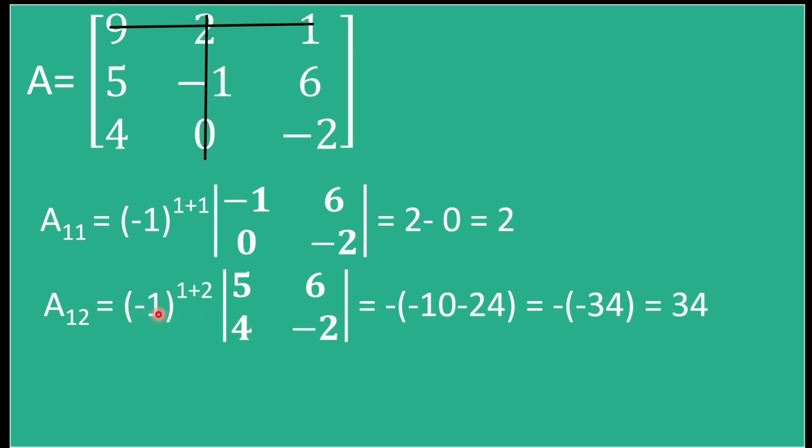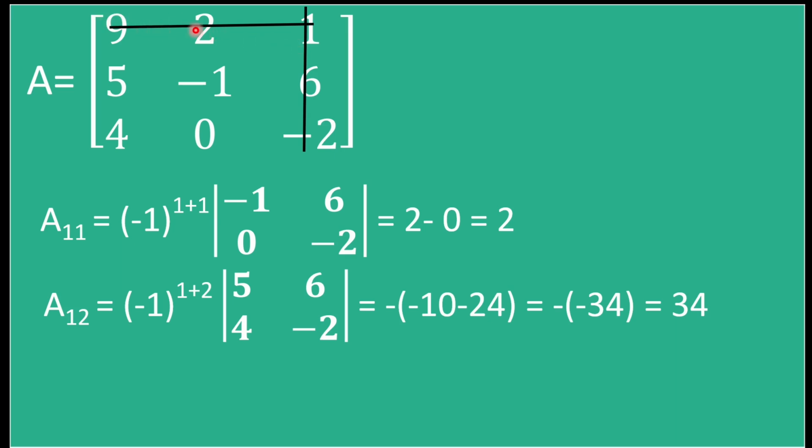Now look over here, this minus has power 3, so this minus will come over here, and now -10 minus 24 equals -34, and -34 when multiplied with the minus will become +34. So A12 is equal to 34.